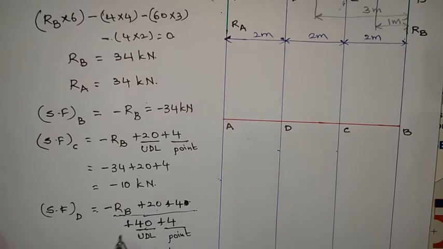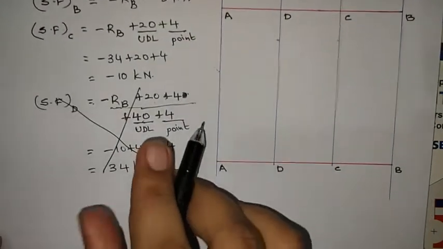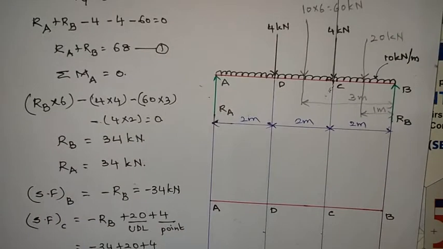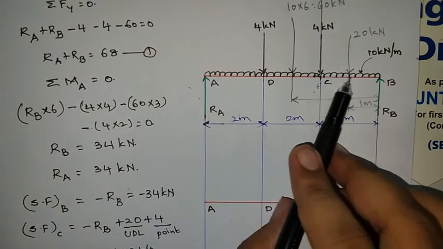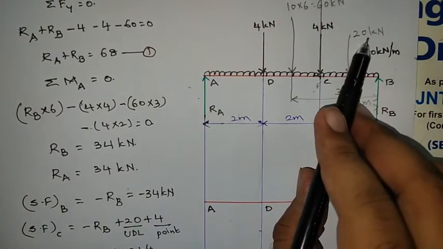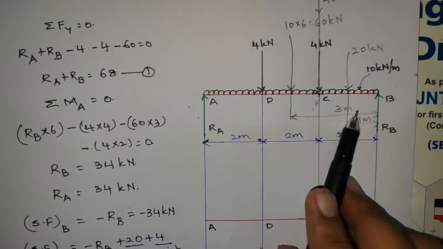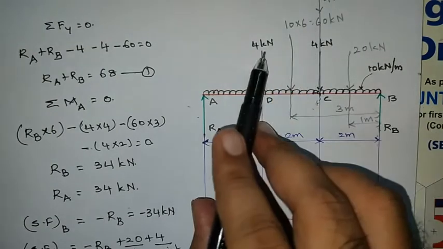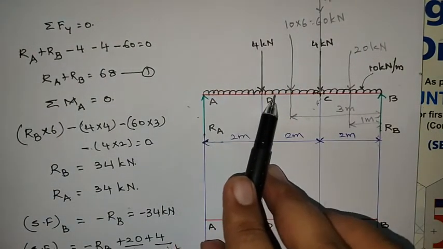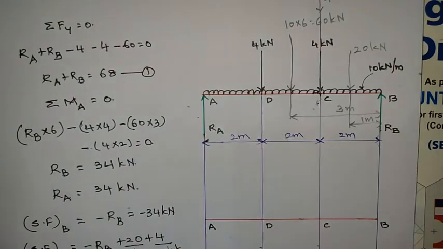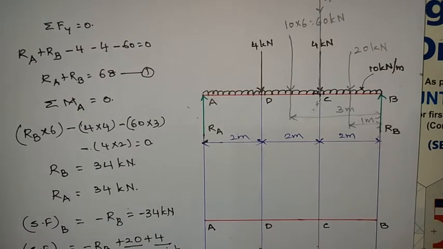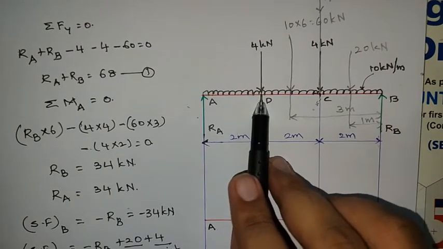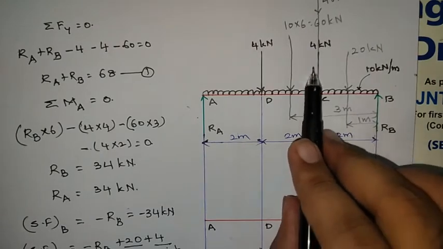Sorry. So what is shear force at D? See here, this UDL is due to only this portion, so we will not consider this. So what are the forces? RB, 4, 40 and 4 kilonewtons. RB, 4 kilonewtons, 4 kilonewtons, and if you convert this entire UDL, you will get this 40.